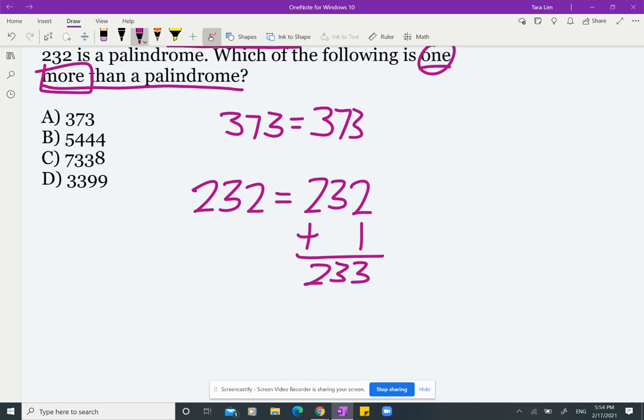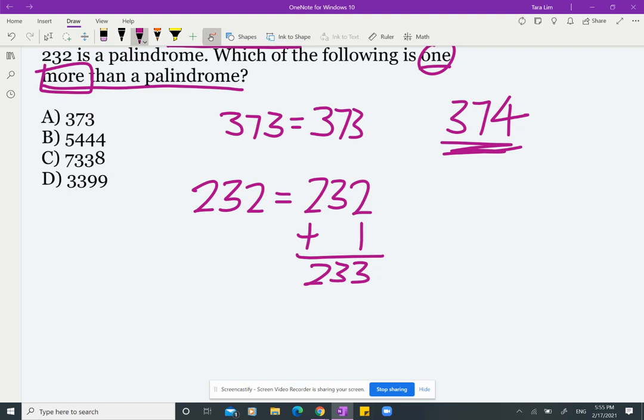So the one more than a palindrome of this number is 374, because 373 plus 1 is 374. So although A is a palindrome, it is not the correct answer for this type of question.